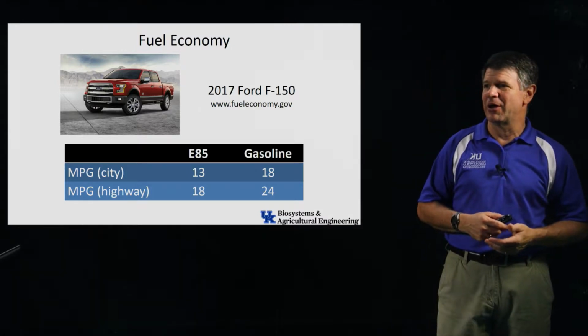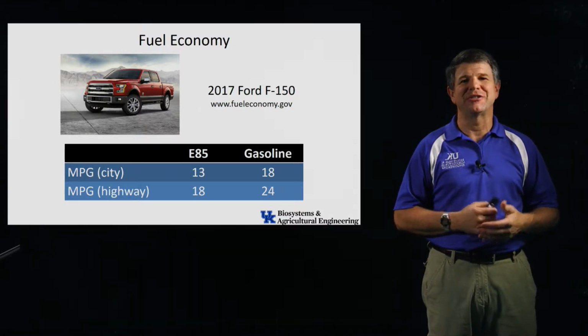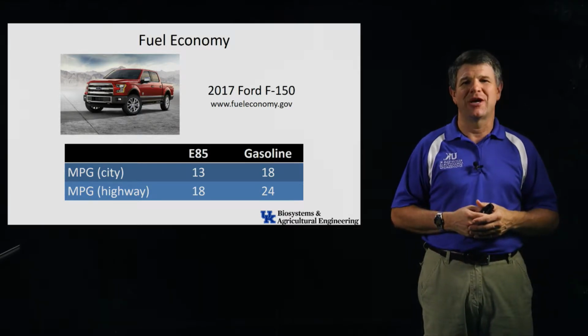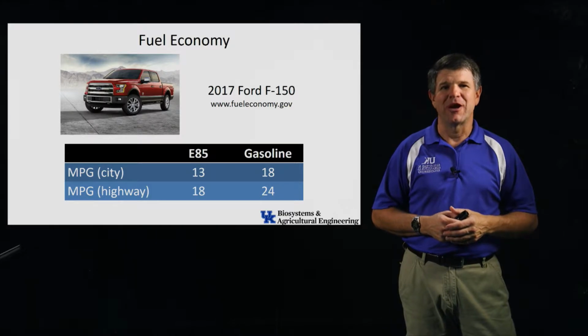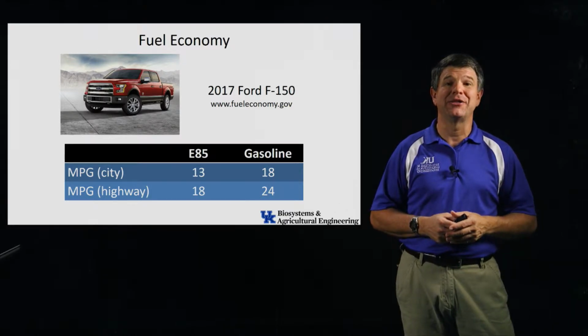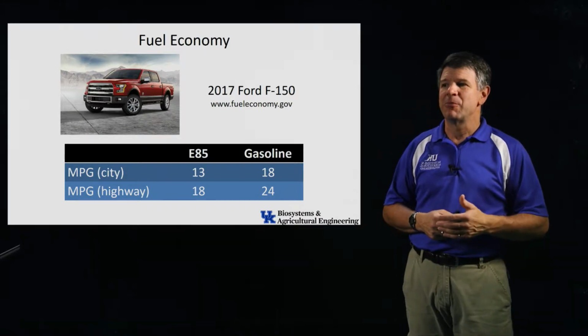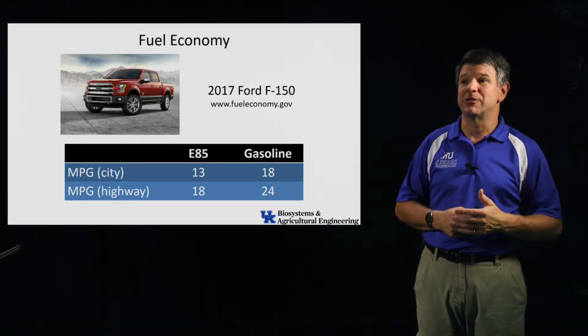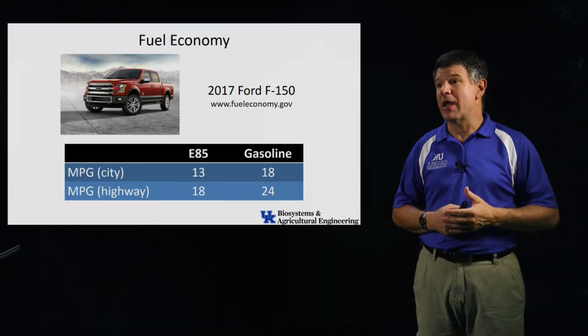I looked up the venerable Ford F-150 just to see what would happen with different types of fuels in it. You can go to this website, fueleconomy.gov, and for any vehicle, it'll tell you what the real fuel mileage is, which should match pretty close to what's on the sticker. But the nice thing is you can actually look at different fuels in there. So they'll have some lines, some ability to look at how that vehicle would perform on ethanol, for instance.